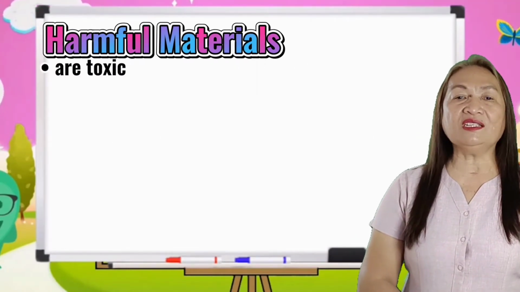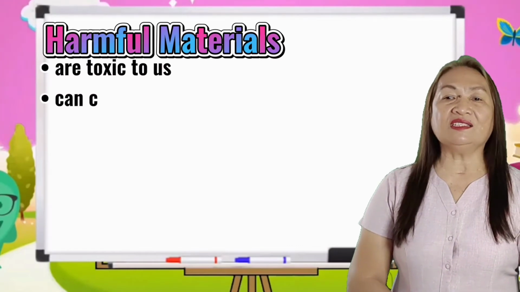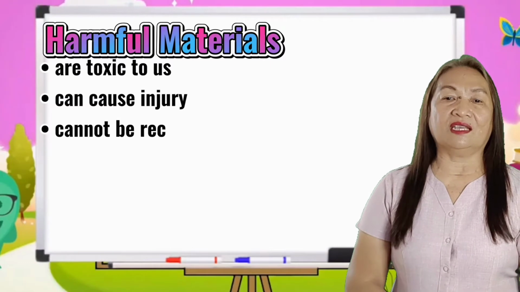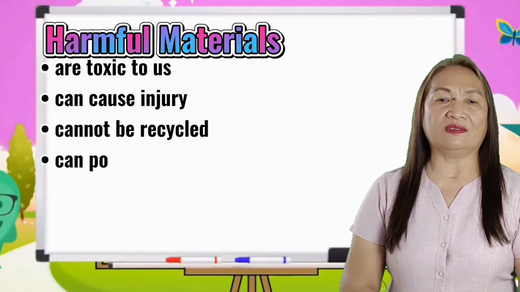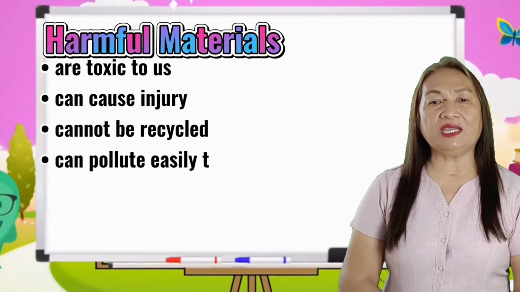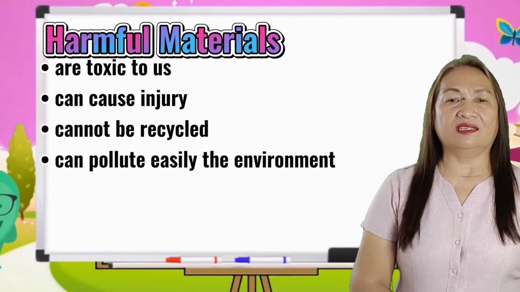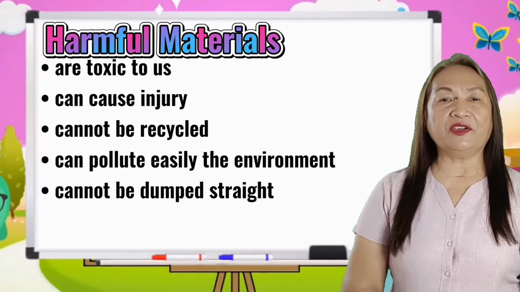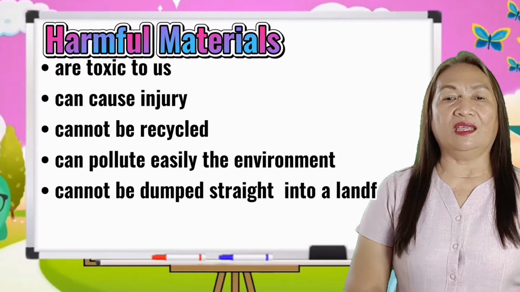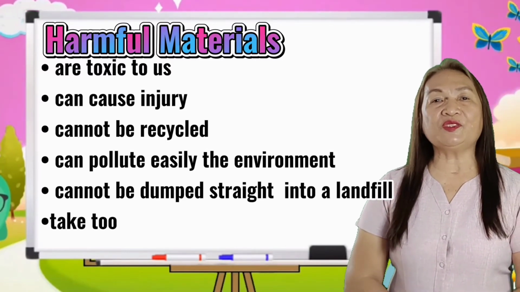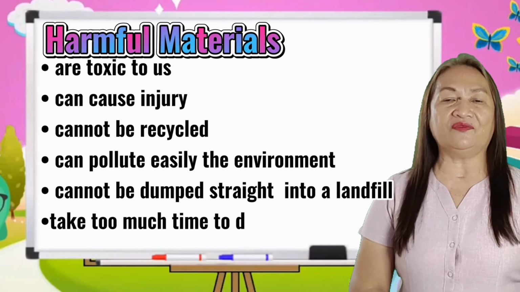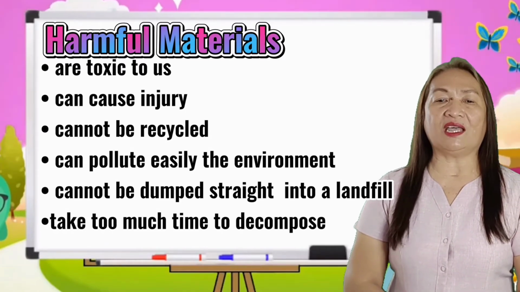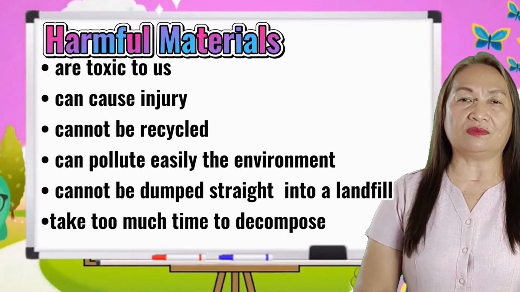Harmful materials are materials that are toxic to us, can cause injury, cannot be recycled, can pollute easily the environment, and cannot be dumped straight into a landfill, and take too much time to decompose.